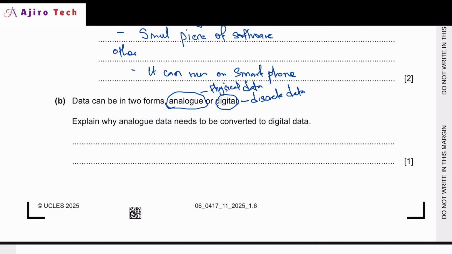The reason why it needs to be converted to digital is so that it can be processed, because the only thing the computer understands is binary. It doesn't understand anything else. Are we together? Zeros and ones.